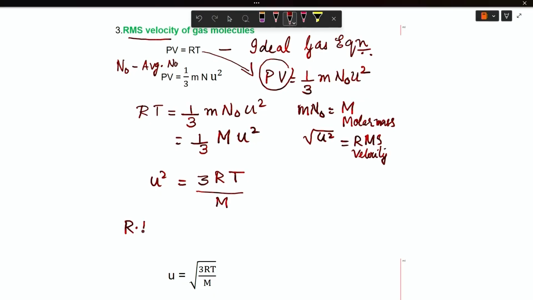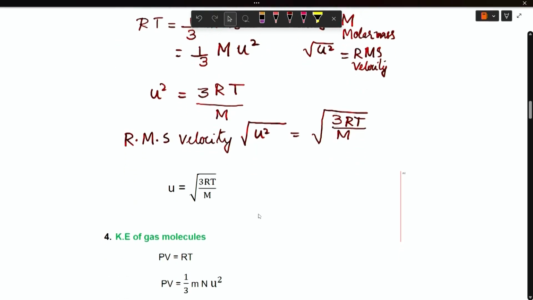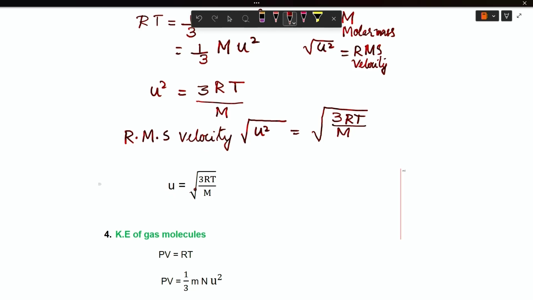So, RMS velocity, that is square root of u square, is equal to square root of 3RT by capital M. And instead of writing square root of u square, I will just put it as u. u is equal to square root of 3RT by M, where u represents the RMS velocity.